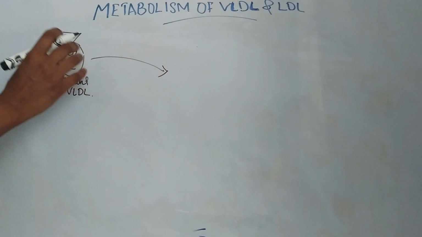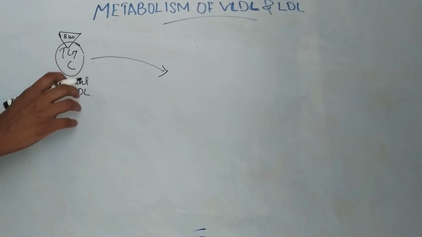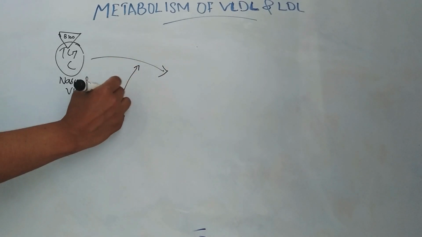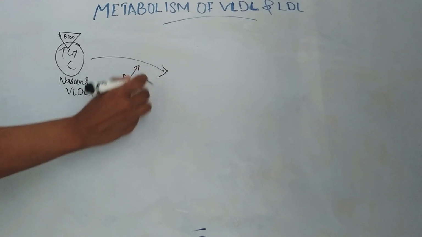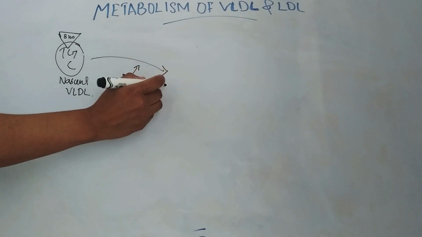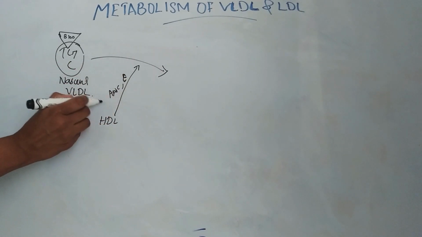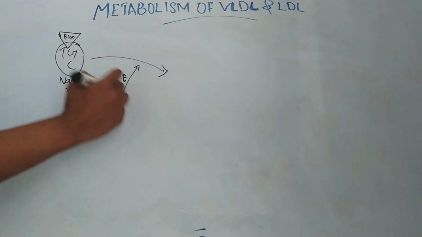Once in circulation, it acquires ApoC and ApoE from HDL. So, from HDL, it acquires ApoC and ApoE, and it is converted to mature VLDL. This nascent VLDL, on acquiring ApoC and ApoE from HDL, is converted to mature VLDL.